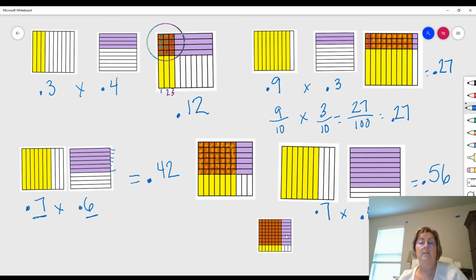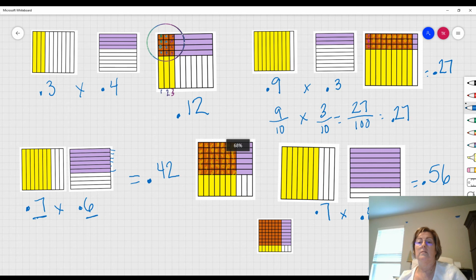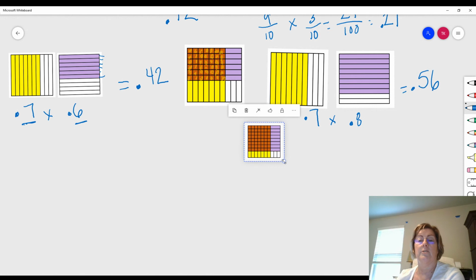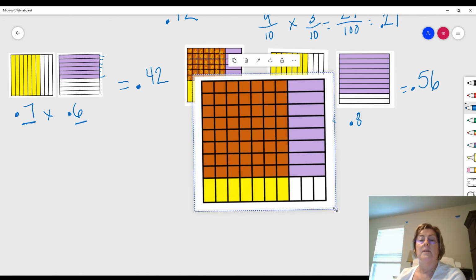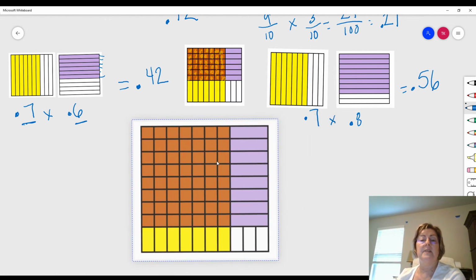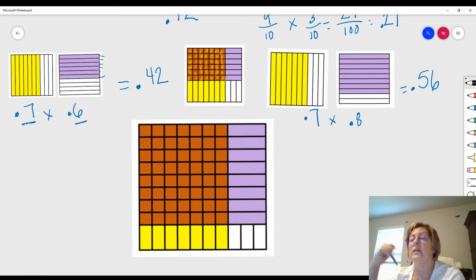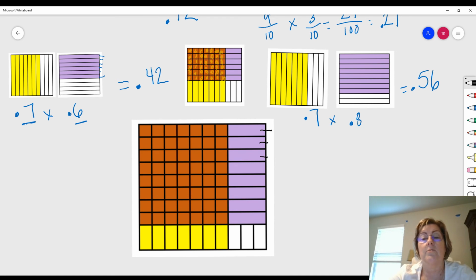Okay, let's take a look here at our answer for this one. I'm just going to slide this up so we can look at this a little bit larger. So if you were presented with this model and you had to come up with the number sentence, you would simply count how many are going in this direction. 1, 2, 3, 4, 5, 6, 7, 8. 8 tenths. It doesn't really matter which one you count first.